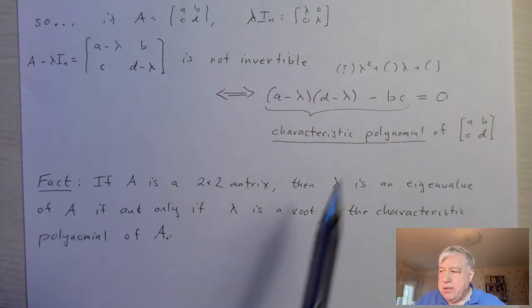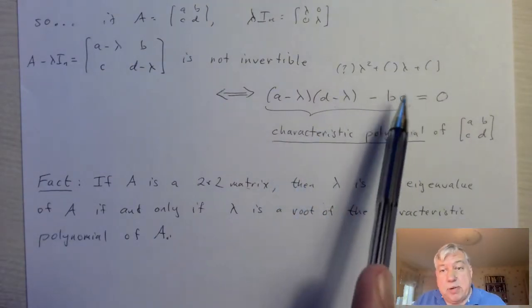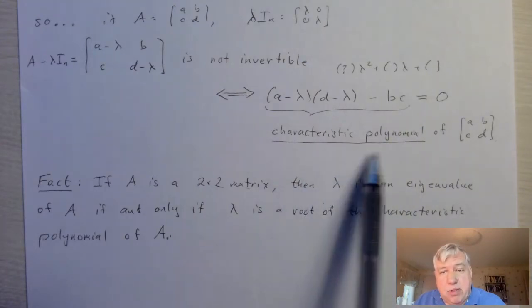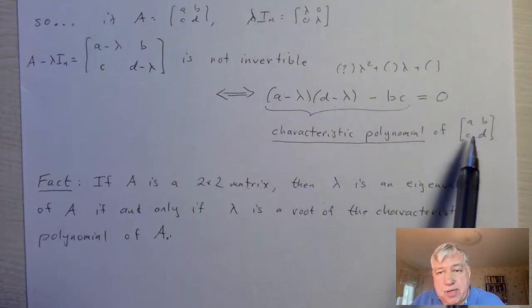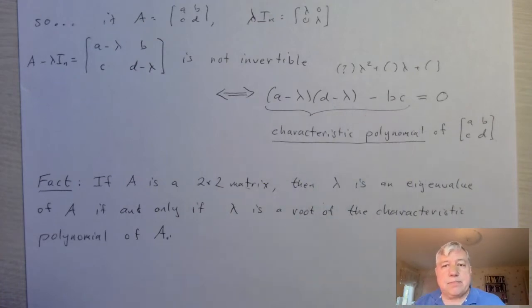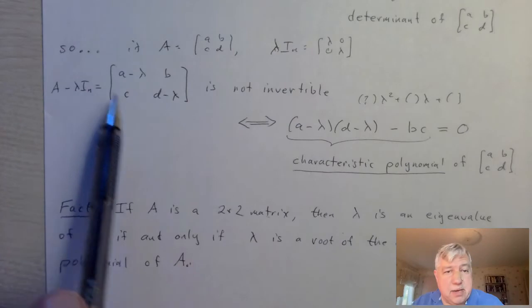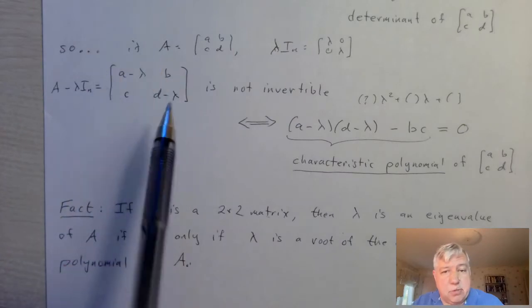So it's a second degree, or quadratic, polynomial in lambda, and this is what we call the characteristic polynomial of the matrix A, B, C, D. This is important because the roots of the characteristic polynomial are going to be the eigenvalues of the matrix, since those are the values that make this matrix not invertible.